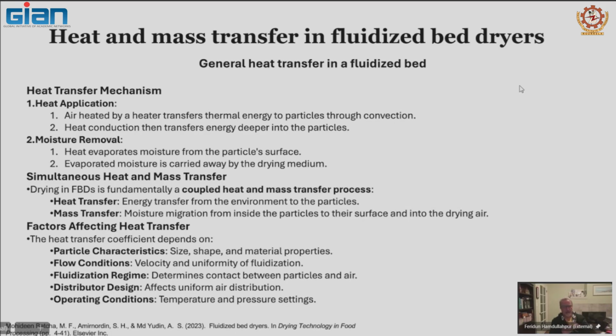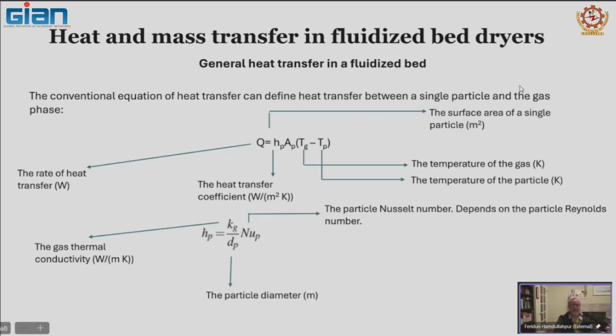The removal of the moisture from the surface, at the same time, the particle is being heated, the capillary moisture is moving out to the surface and being taken away, and you're ensuring a uniform environment for it to take place.